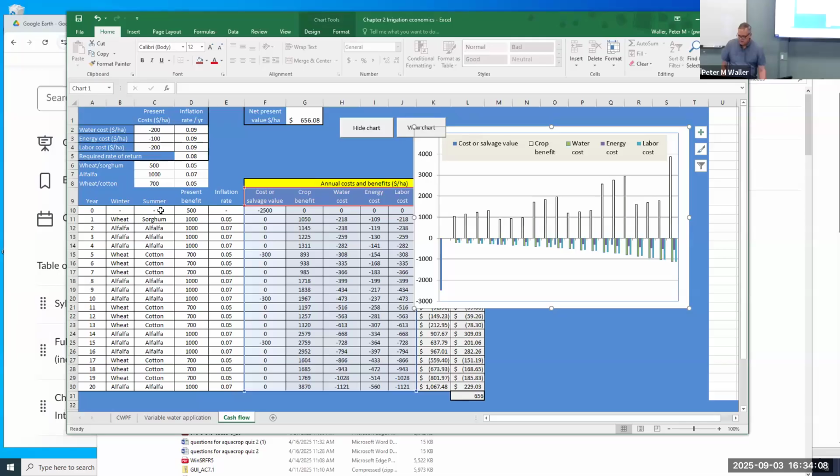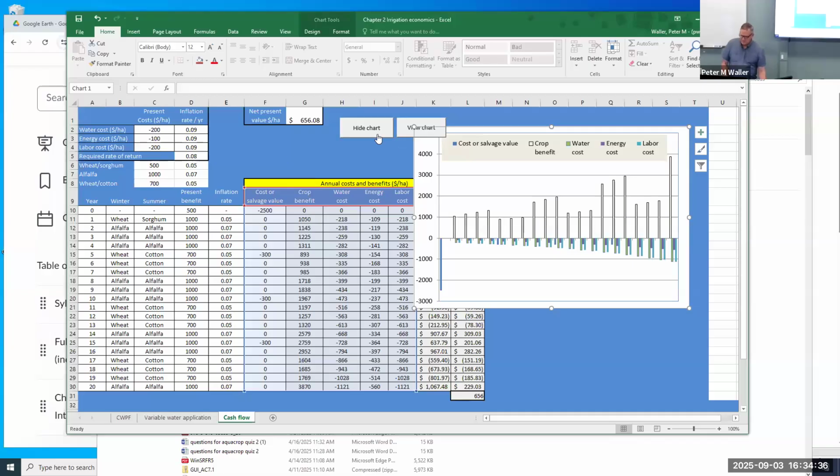So I have wheat and sorghum the first year. Does anybody know why you would do wheat and sorghum the first year? Oh, yeah, I have a question. This was the chapter 2 irrigation economics one, right? Yes. Oh, wait, okay, never mind. I see what I'm doing.